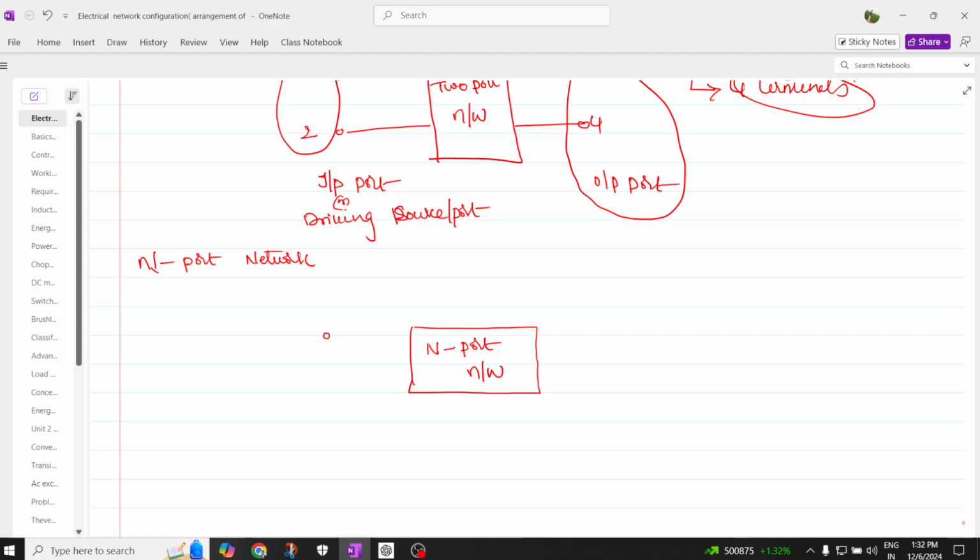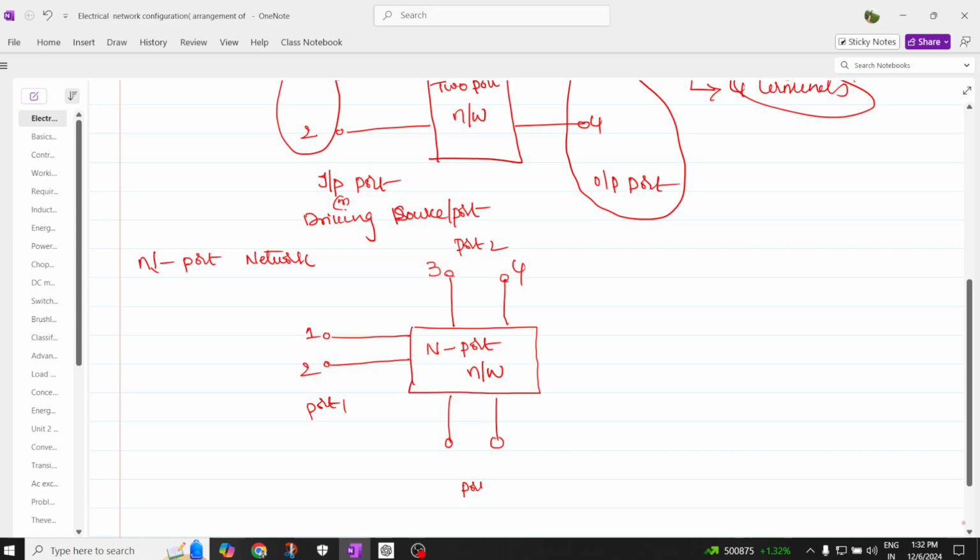Here you are going to have port 1. I am labeling it as 1 and 2. I have one more input. This is called port 2. I am labeling it as 3 and 4. I am going to have one more input. This is called port 3.